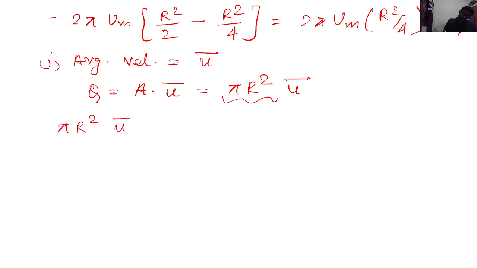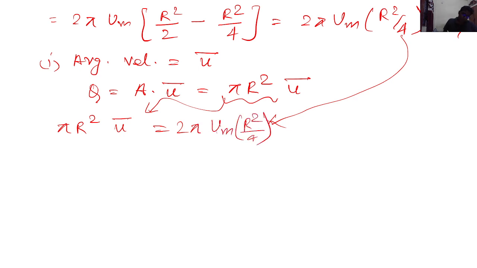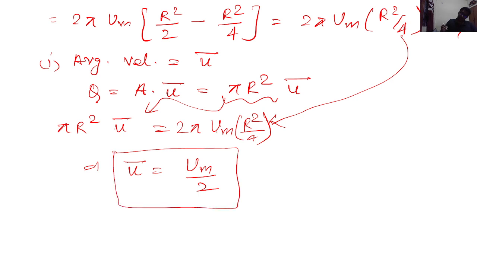Pi R square times the average velocity is nothing but the discharge expression which we found just now, 2 pi Um R square by 4. This will give us u bar as nothing but Um by 2. That is, the average velocity for a pipe flow is nothing but half times the velocity at the axis. So that is the final interpretation of this answer.